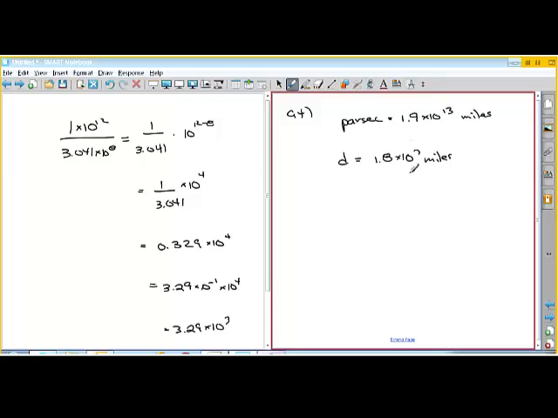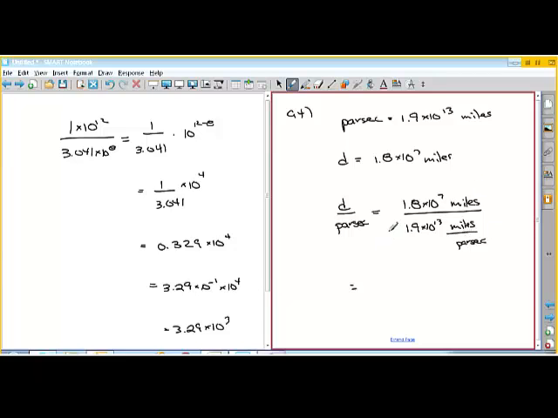Well, this number is bigger than that, so it's going to be a fraction between 0 and 1. And what you would do is take D divided by the value for the parsec. So you'd have 1.8 times 10 to the 7th miles, and if I divide both sides by parsecs, I'll get 1.9 times 10 to the 13th miles per parsec.